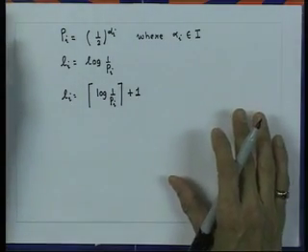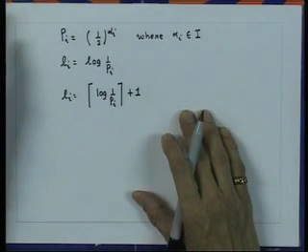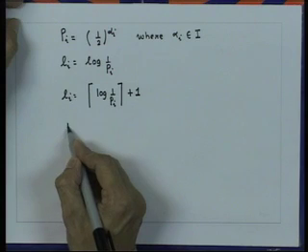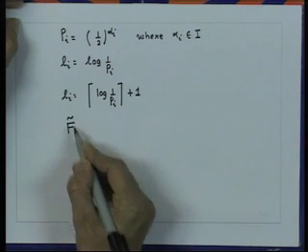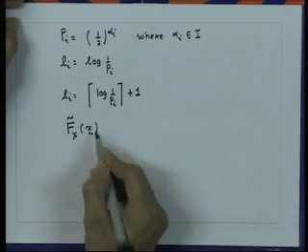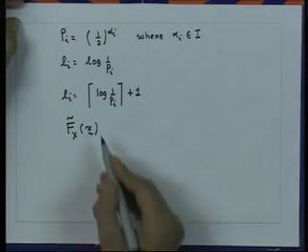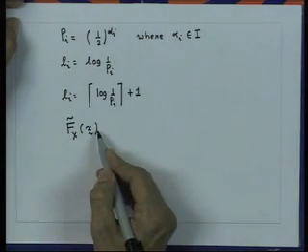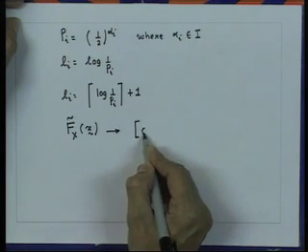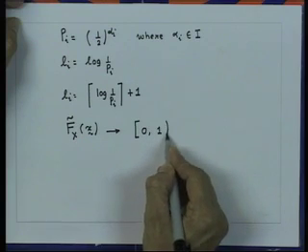Now, in arithmetic coding, each sequence is uniquely identified by the tag F tilde of x. We know that this tag is a number in the interval 0 to 1.